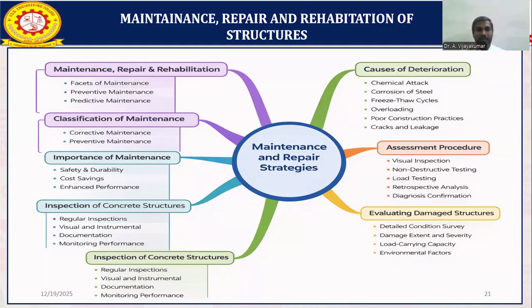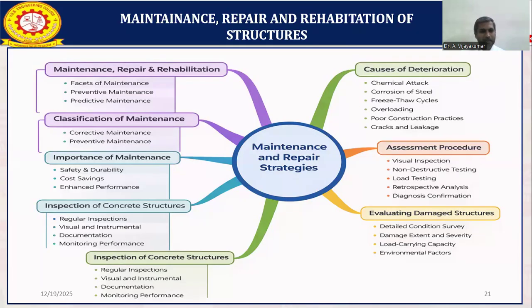Later we discussed the different classifications of maintenance, corrective as well as preventive maintenance, and the importance of maintenance, why we give more importance to maintenance, especially for safety, durability, cost saving, and to enhance performance.